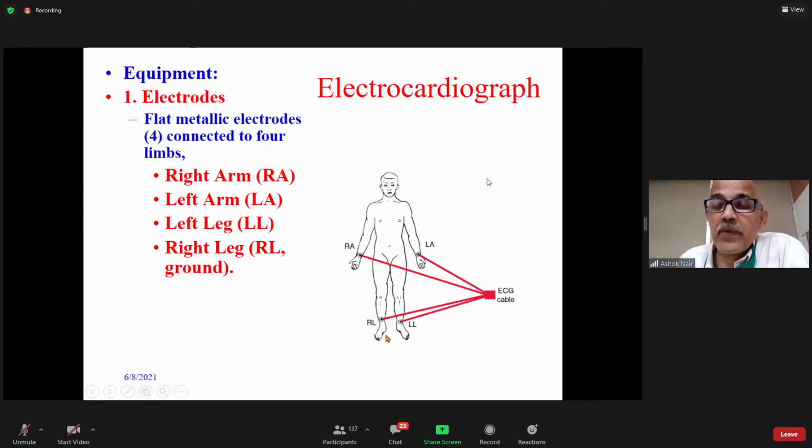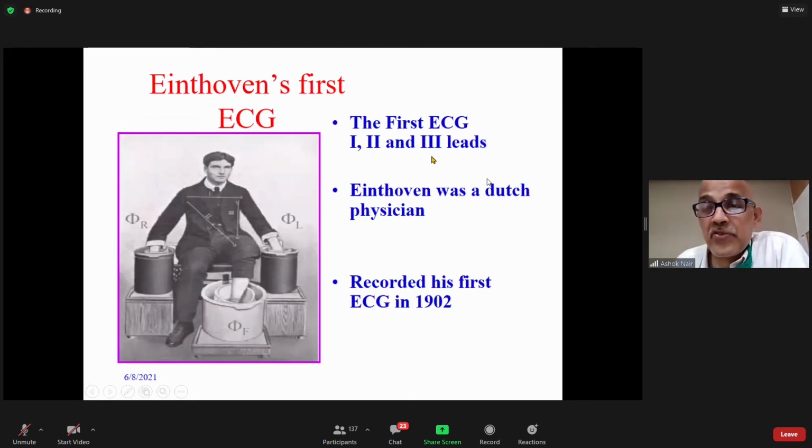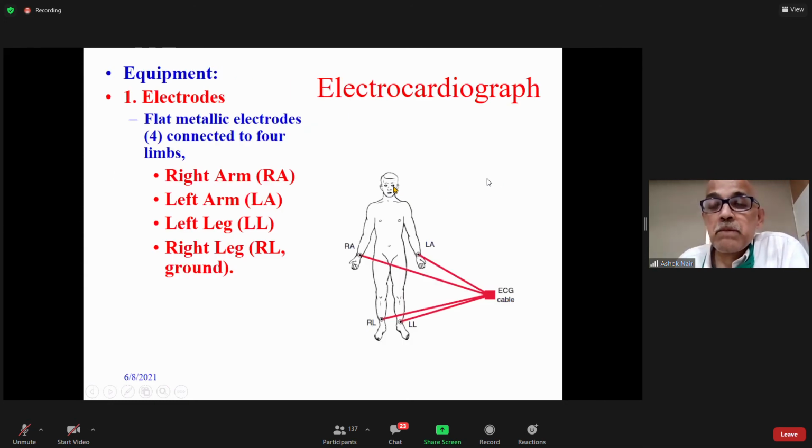Just remember this. These are electrodes, not leads. Here we have used the term leads: lead 1, 2, and 3. I'll tell you later on what these leads mean. They are flat metallic electrodes.